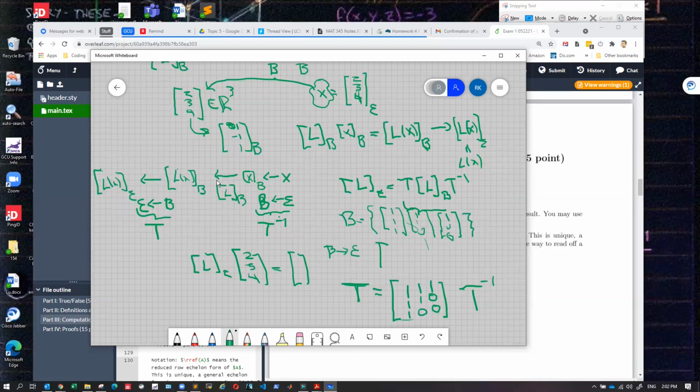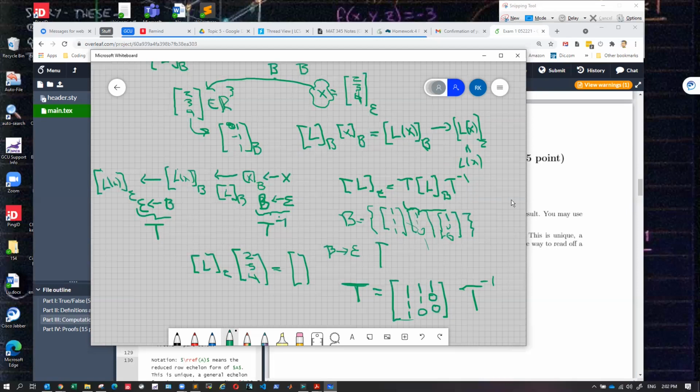And then you applied the matrix LB. Then you took the result and went from base B back to the standard basis, so that's T again. The matrix that does that all at once, the representation of L with respect to the standard basis, is just T times the representation of L with respect to B, times T inverse.